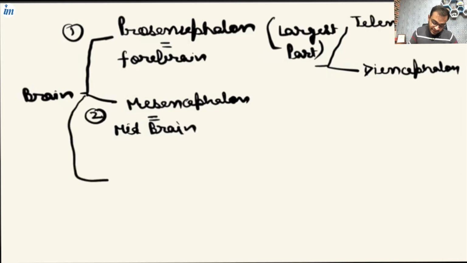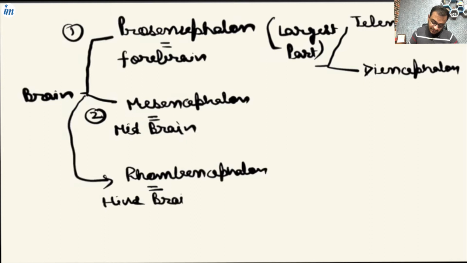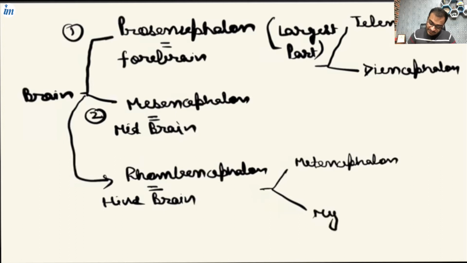The third part of the brain is the rhombencephalon, also known as the hindbrain. The rhombencephalon, or hindbrain, is again categorized into the metencephalon and myelencephalon.